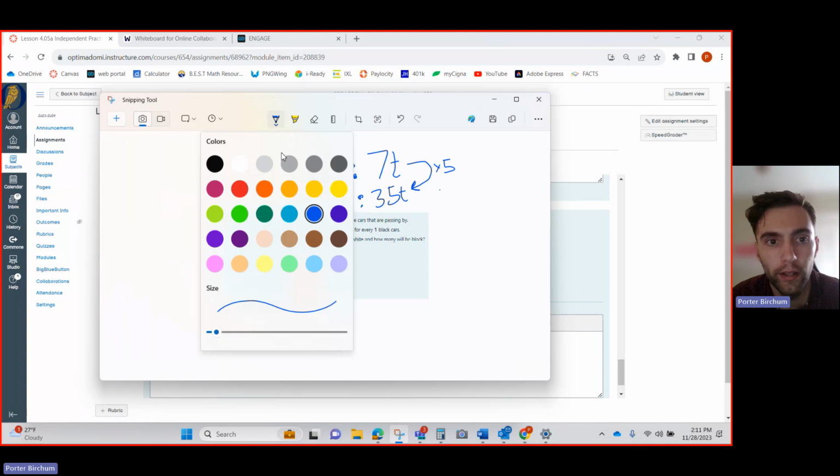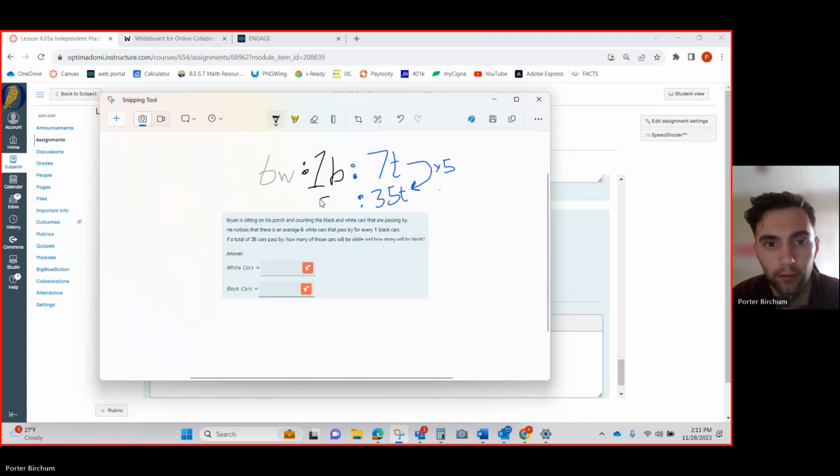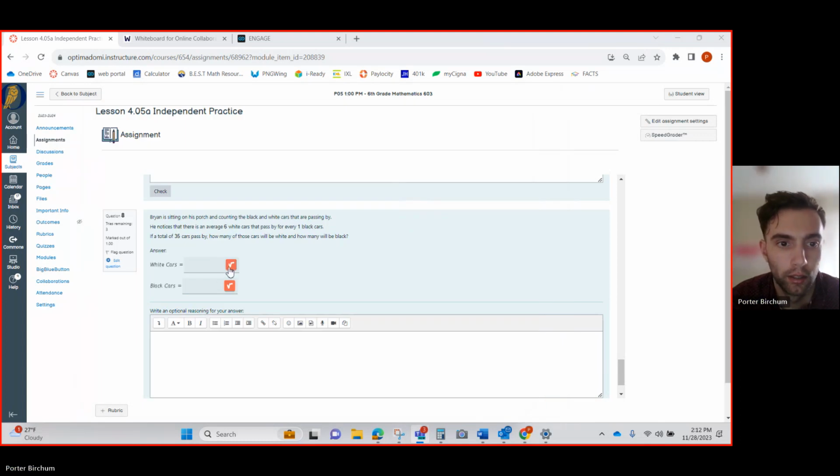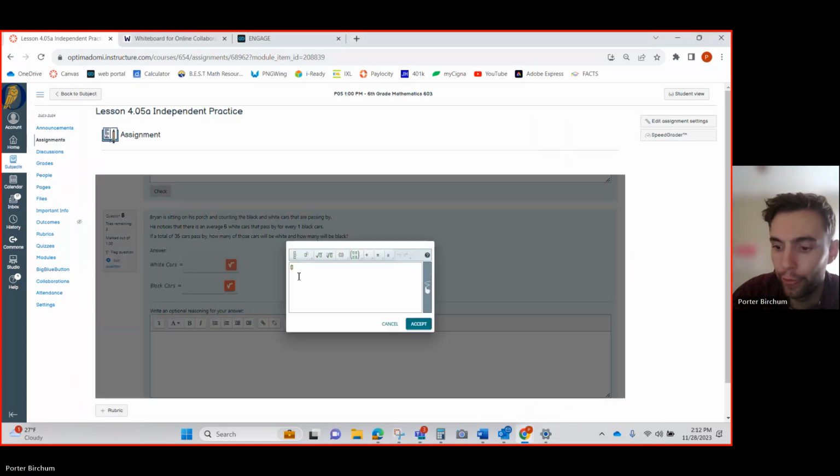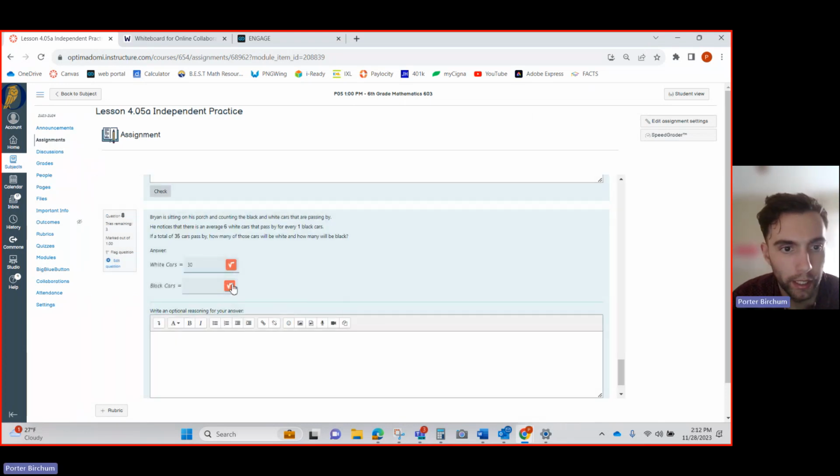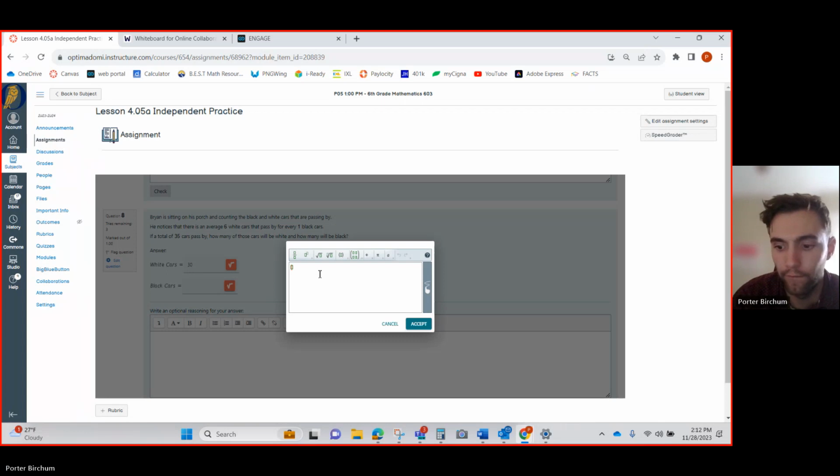So what's 1 times 5? 5. 5 black cars. What about 6 times 5? Nice. That's 30. So 30 white cars. Woohoo! 30 and 5.